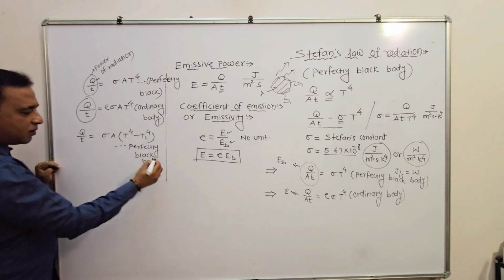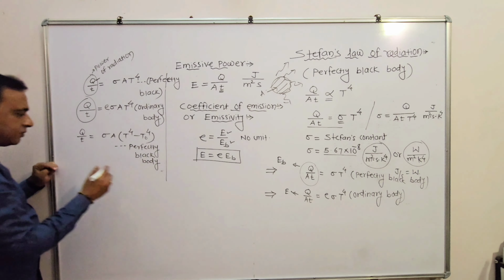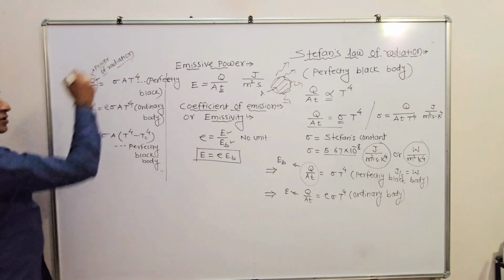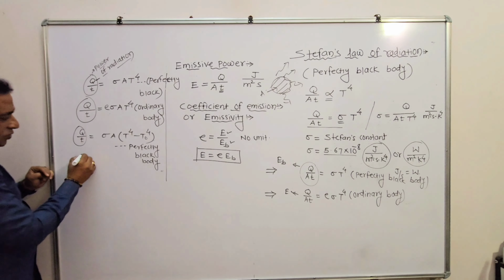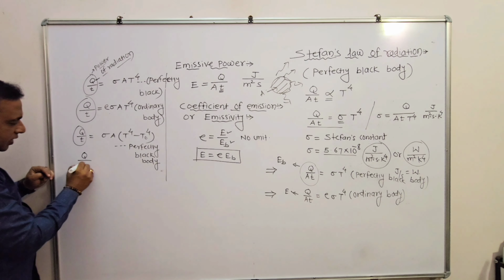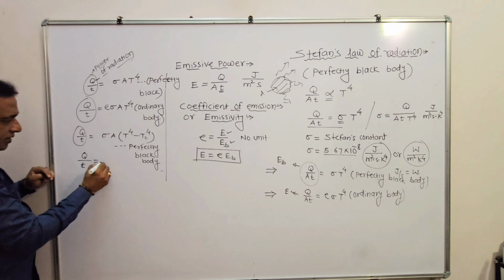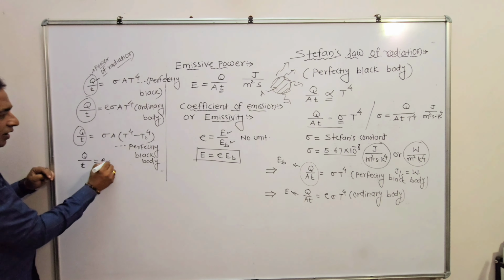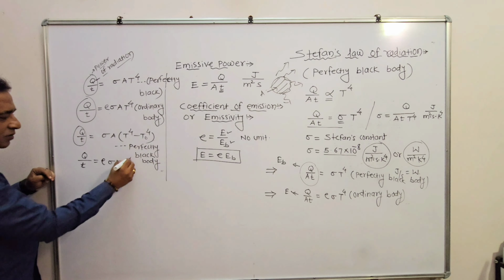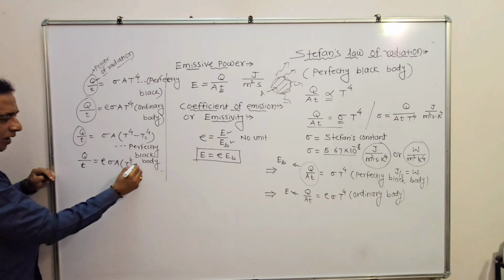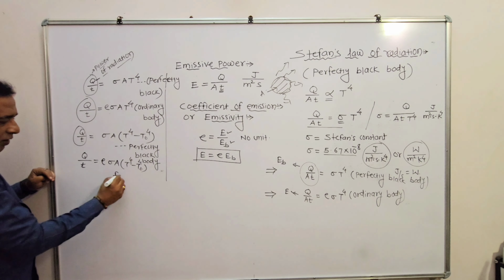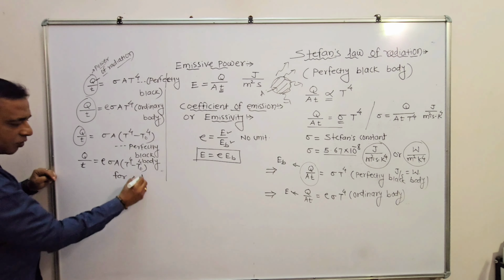And what about the ordinary body? You can tell me easily. This is nothing but your power of radiation. So Q upon T is equal to E into sigma into A into T raised to power 4 minus T0 raised to power 4. This is for the ordinary body.